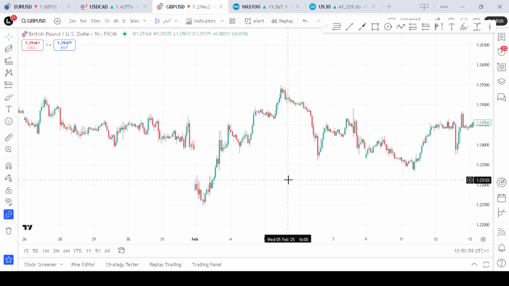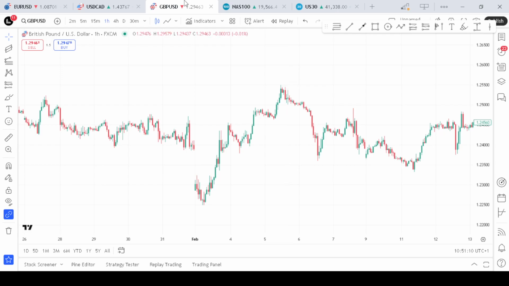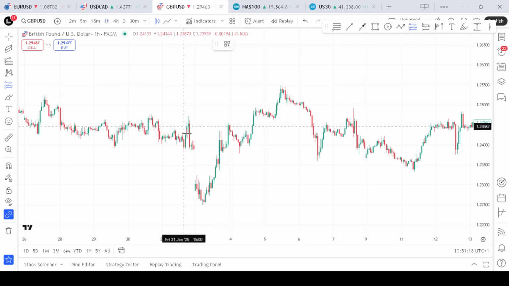It is a safety net, ensuring that even if the trade doesn't go as planned, your losses are going to remain manageable. Now let's see what the stop loss is about. Let's assume we took a sell trade from this area in the market.